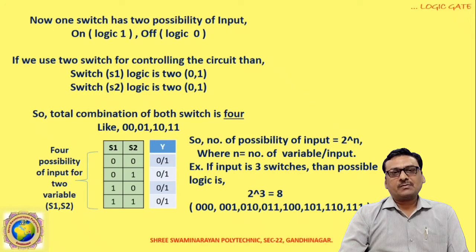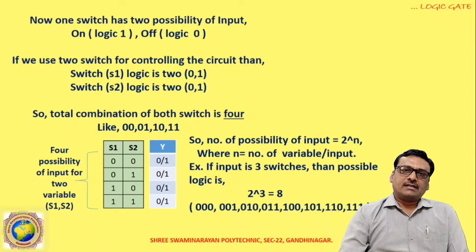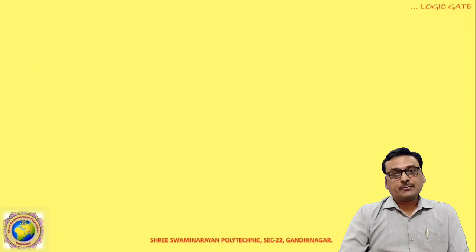These 8 possibilities we can check with our logic circuit. So the number of inputs decides the number of possibilities, and these possibilities are checked using the logic gates. I hope you understand.